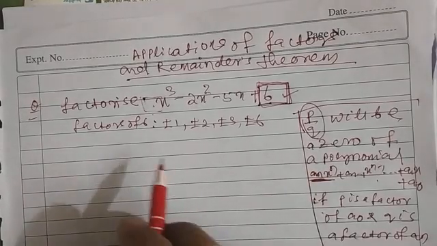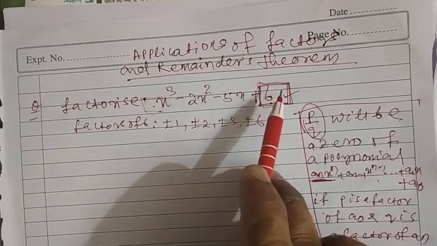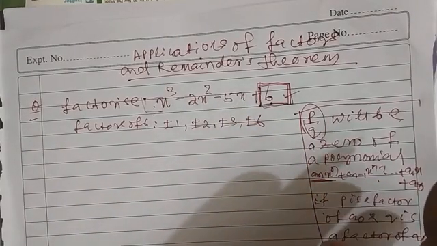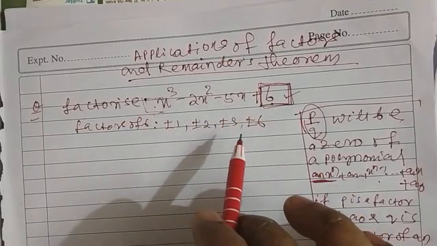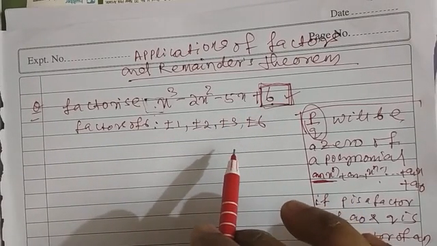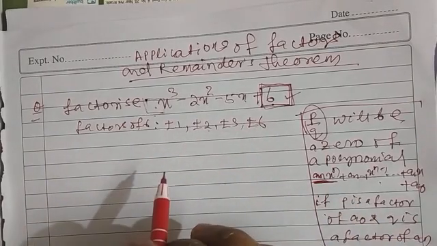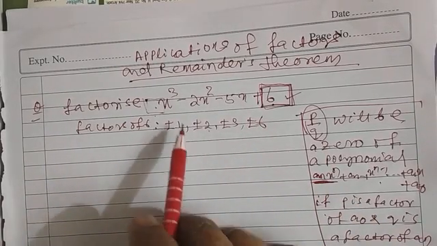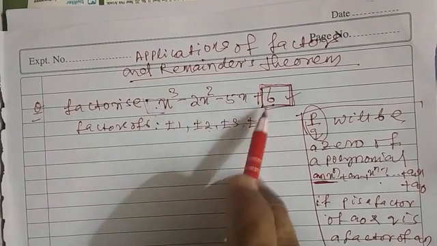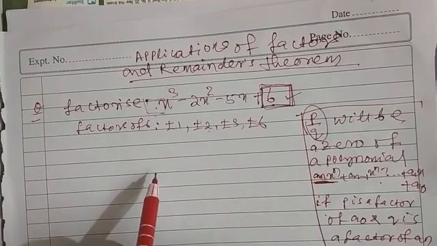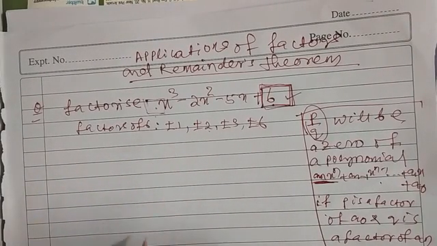At least one of them is a factor of this, if it is factorizable and has integral roots, so this may be one of the integral zeros. Now we solve cubic equations or factorize a cubic polynomial by the hit and trial method. So let me try with 1.